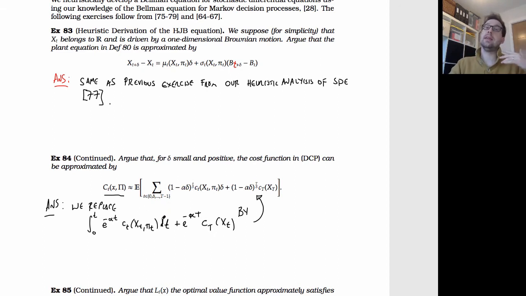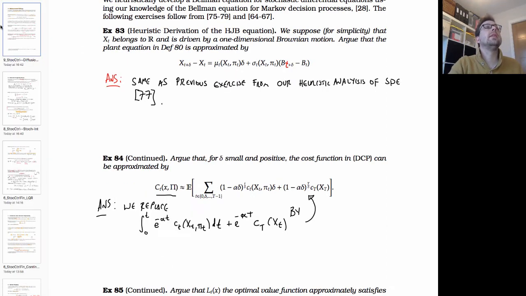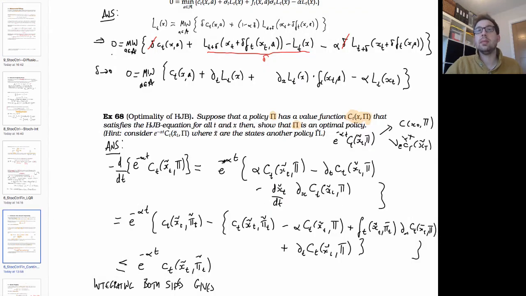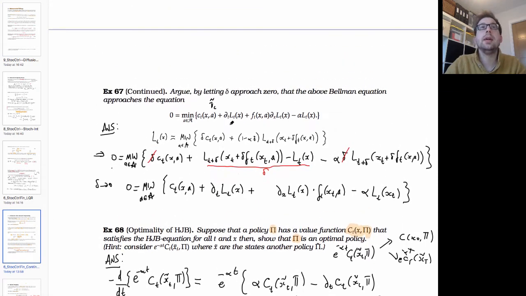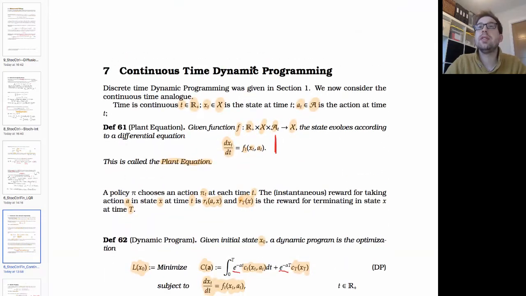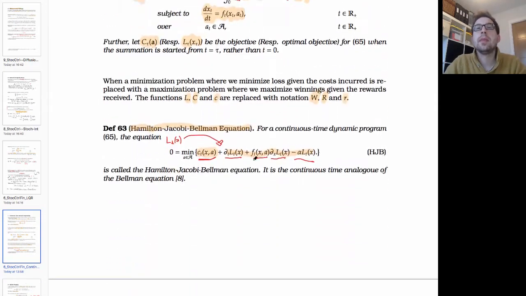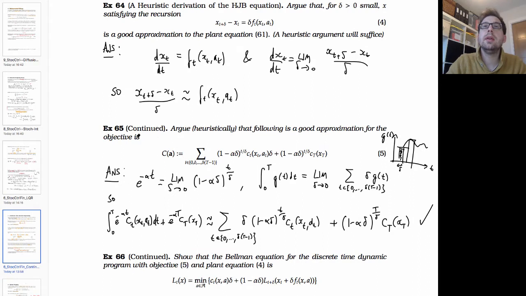This is what we did. We did exactly the same trick when we considered the discrete time analog of a continuous time diffusion. So let's just look at that. That was over here when we were looking at continuous time control. These are the notes on continuous time dynamic programming. We noted that heuristically we could form a good approximation of our cost function by replacing it with exactly this sum.